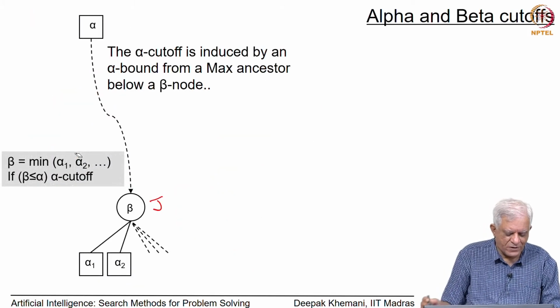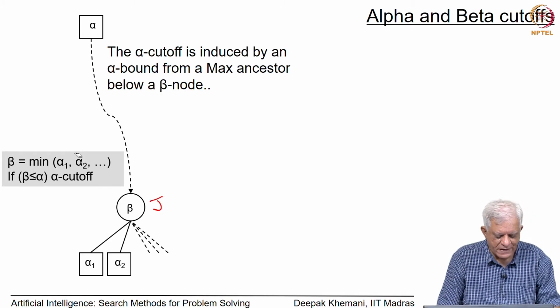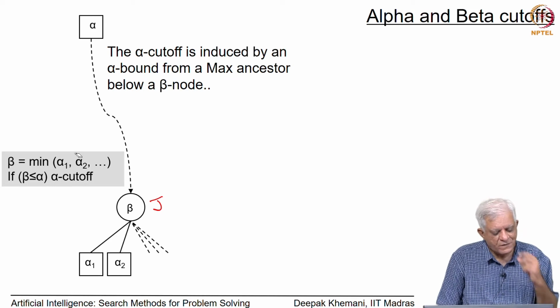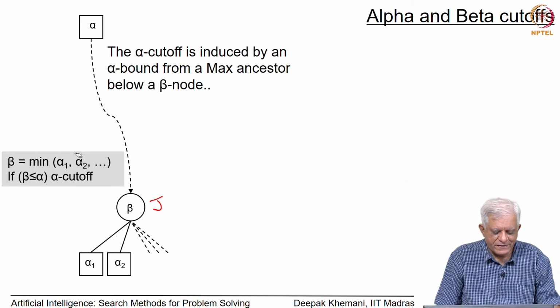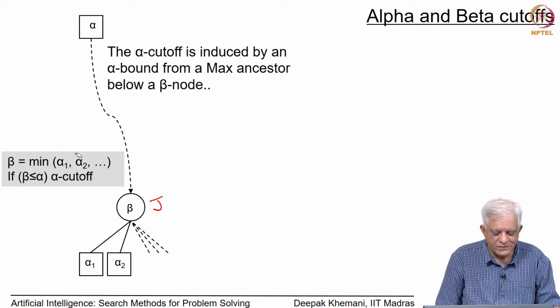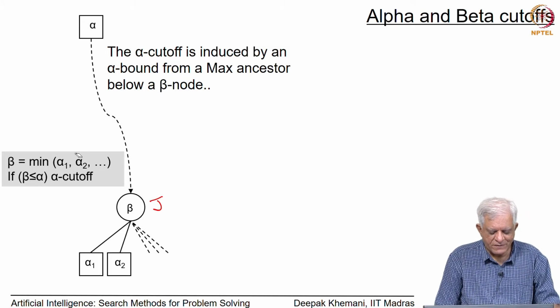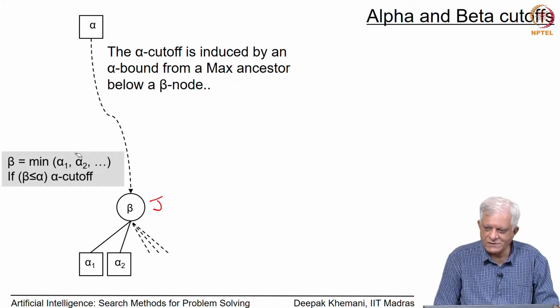So, only as long as this beta is going to be larger than alpha, as long as this beta promises a better value than alpha, and better value for alpha means larger, will search proceed. The moment beta becomes less than or equal to alpha, we can do an alpha cutoff below this beta node, which means we can stop investigating this beta node and do not make recursive calls to any further children.